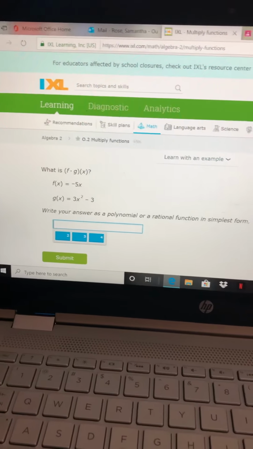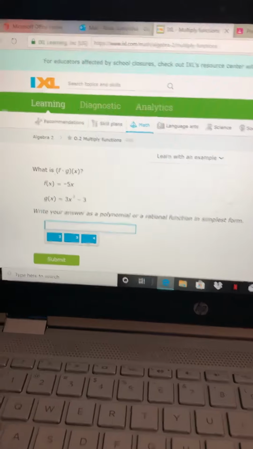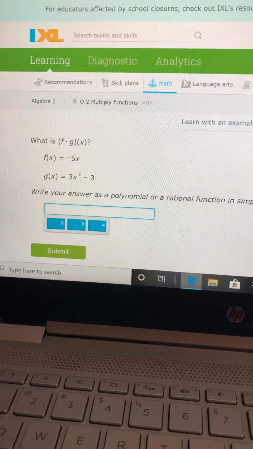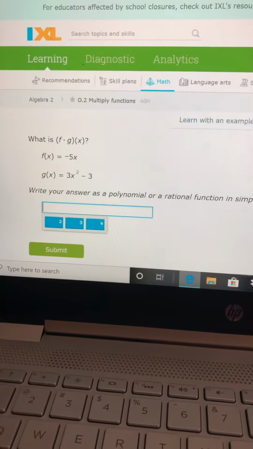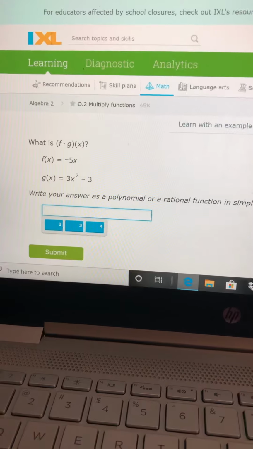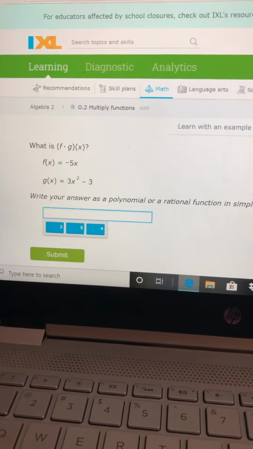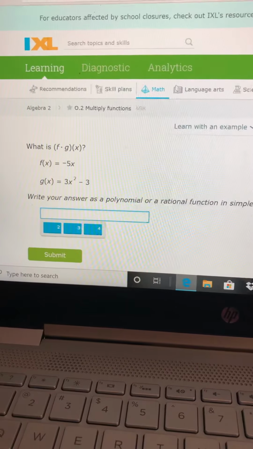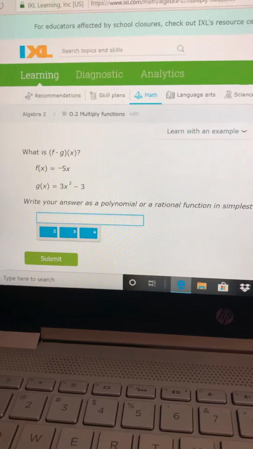The second section, 0.2 multiply functions, looks like this. So this one says f of x times g of x. When I write this down, I'm going to write parentheses negative 5x, parentheses 3x squared subtract 3. That's going to look like this.